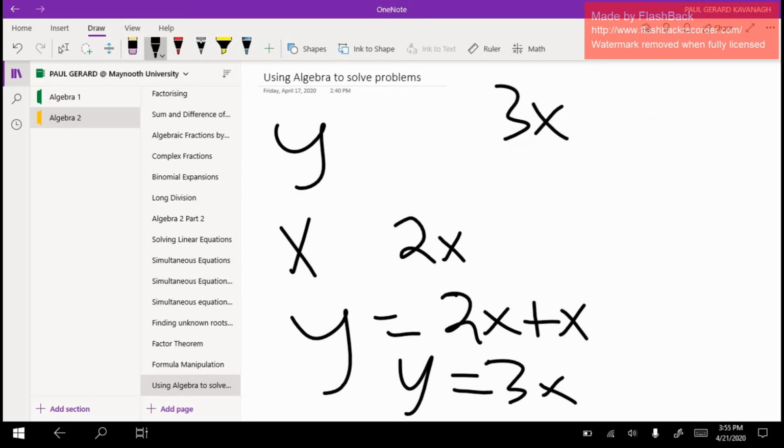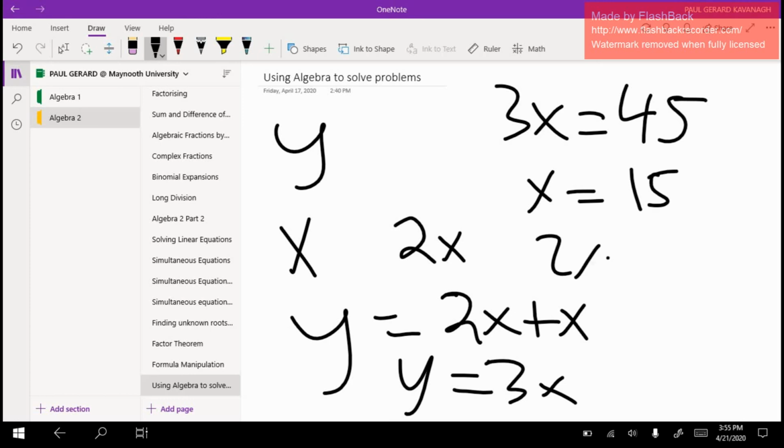When you bring it back 10 years, it would actually be 20, wouldn't it? So 45. So now you can say x is 15 and 2x is 30. And this makes sense because 30 is double 15. When you add 10 on each of them, you would have 40 and 25. So that's 65. So yeah, that is how you do that.